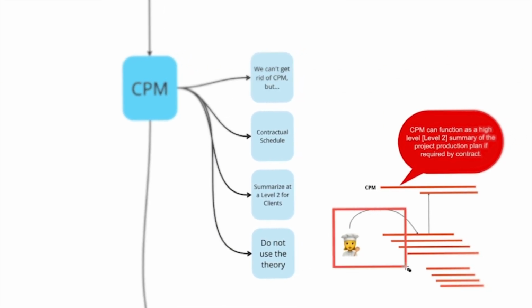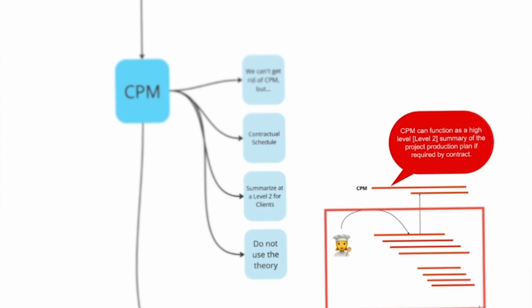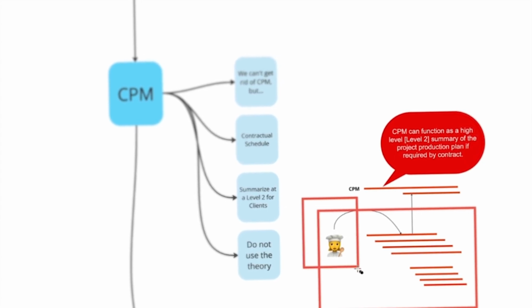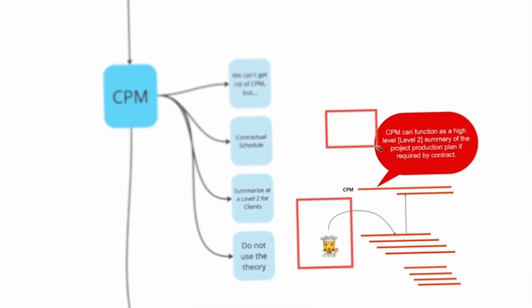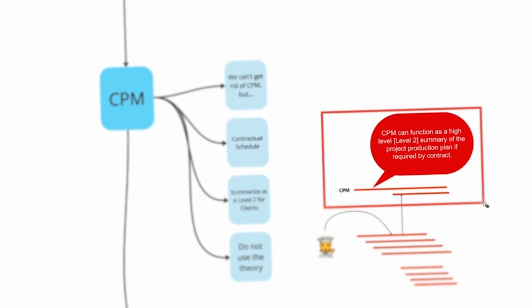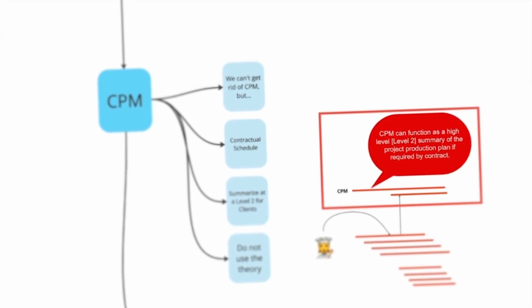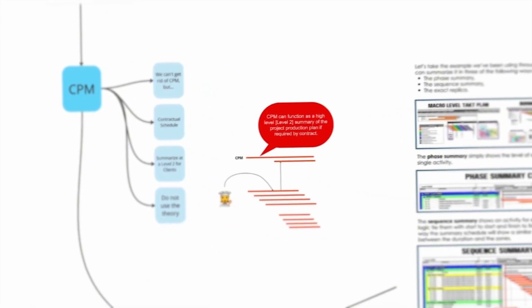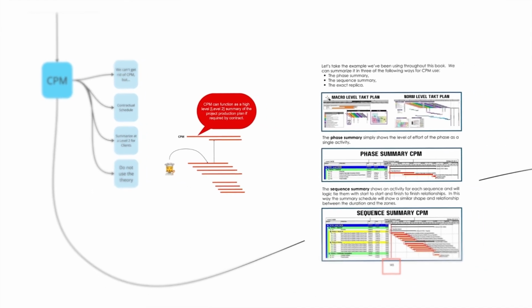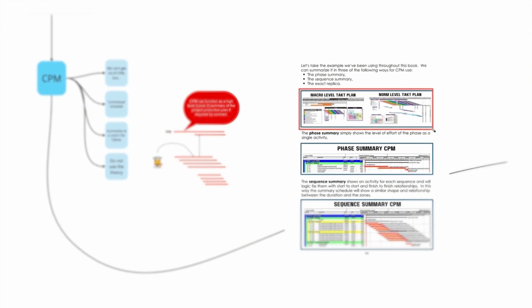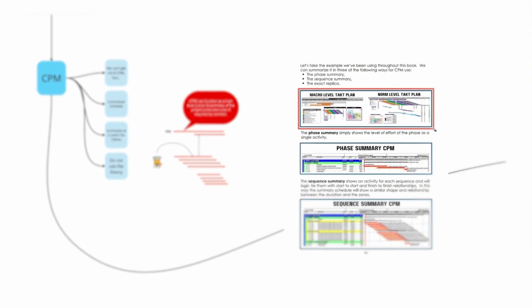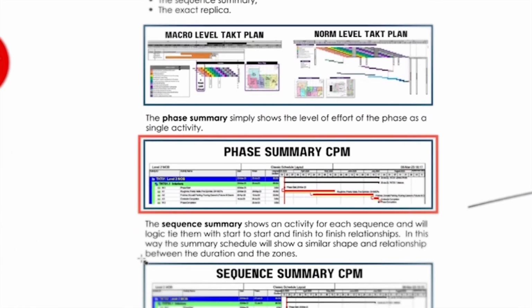And so if you have your Takt plan as your production plan, and you've properly planned the project, and you have to use CPM, then you would do it as a summary only. So this is page number 145 from the book Takt Planning. And I give you an example in the book of where, look, if you have a macro and norm level Takt plan, you can do what's called a phase summary, which is my preference, or a sequence summary.